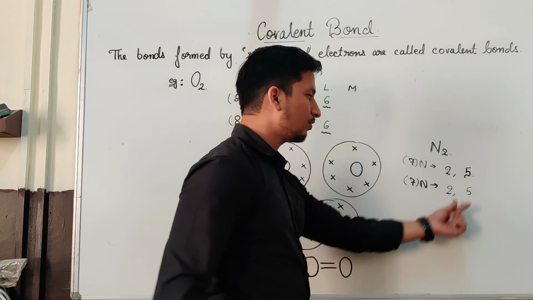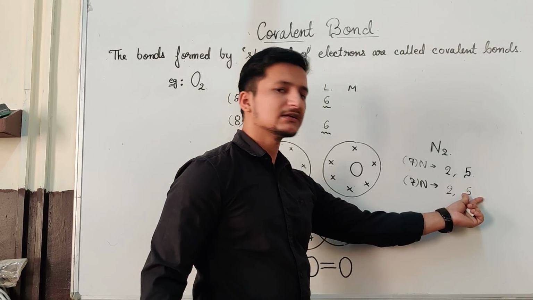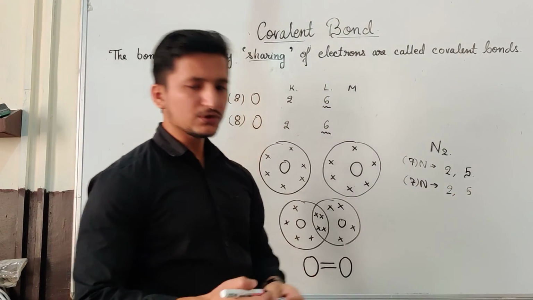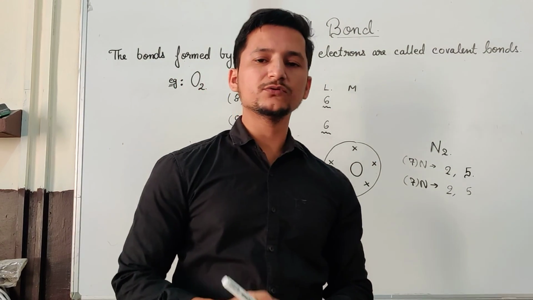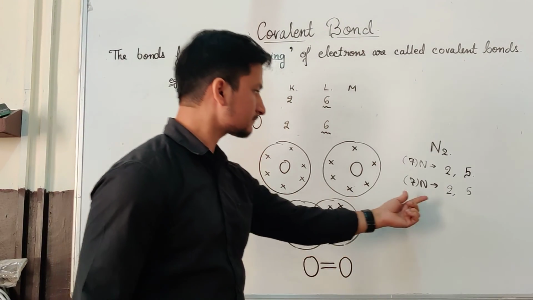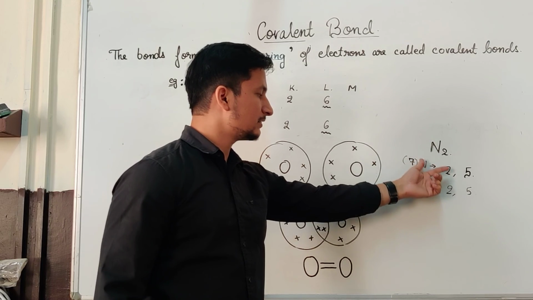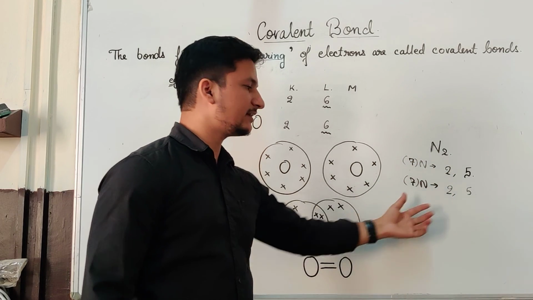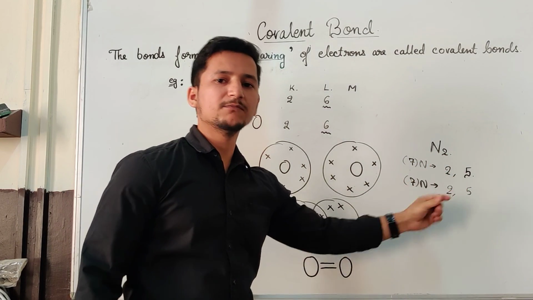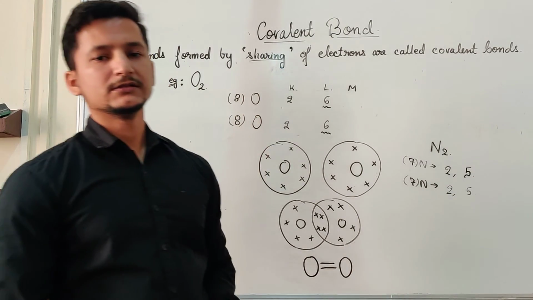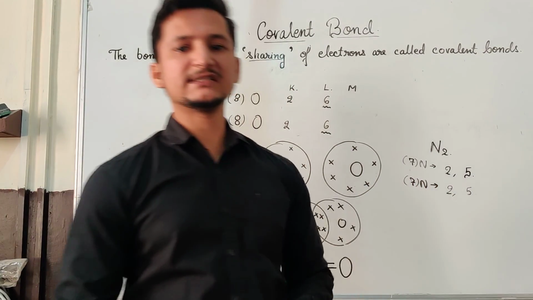So both of them have 5 electrons. It means that both of them need 3 electrons to complete their outermost shell. So here they will share 3 electrons between them. A triple bond will be formed. So try this. Hope this is clear to you.